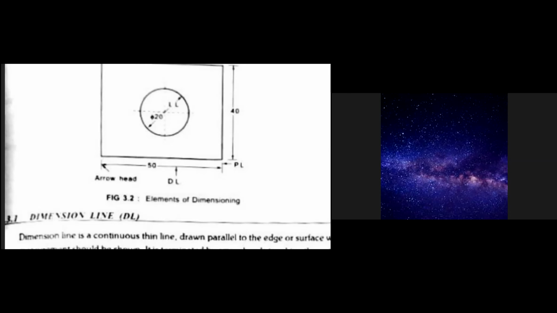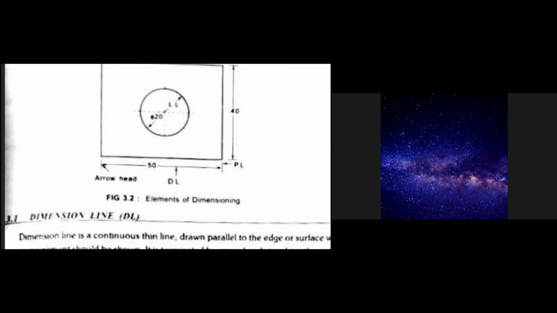So we can define the projecting lines. These are the lines drawn perpendicular to the constructing line, as thin as possible. The projecting lines or extension lines are thin lines drawn from the two ends of the constructing line, perpendicular to the constructing line.